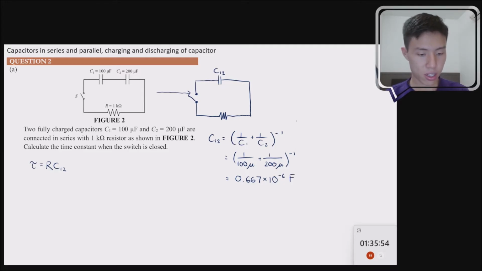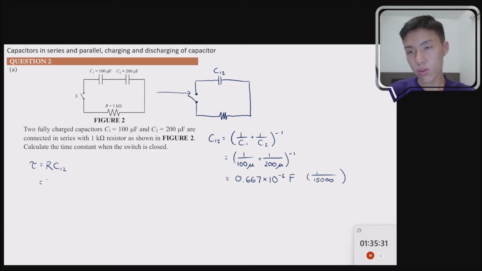Okay, double check. Here, if you want to put in fraction, it is 1/15,000. Okay, so you have your C12 already.